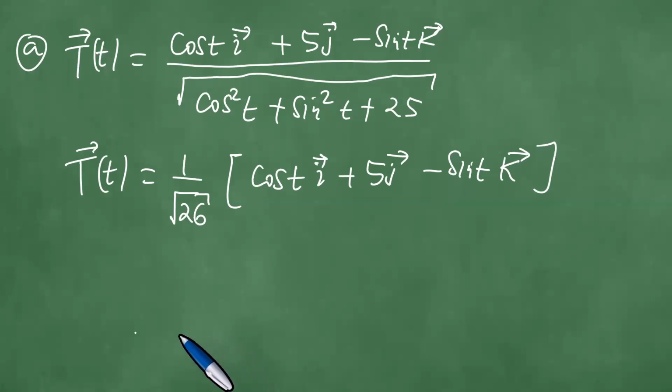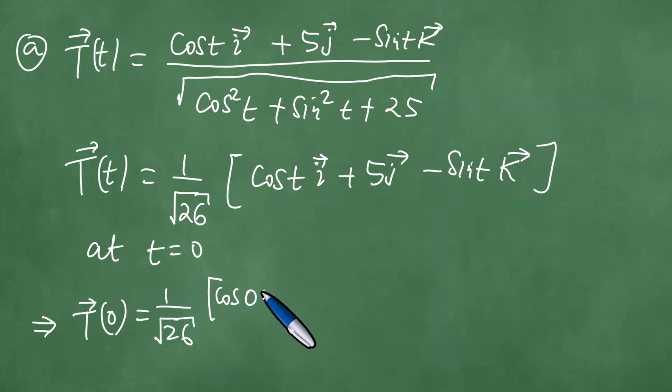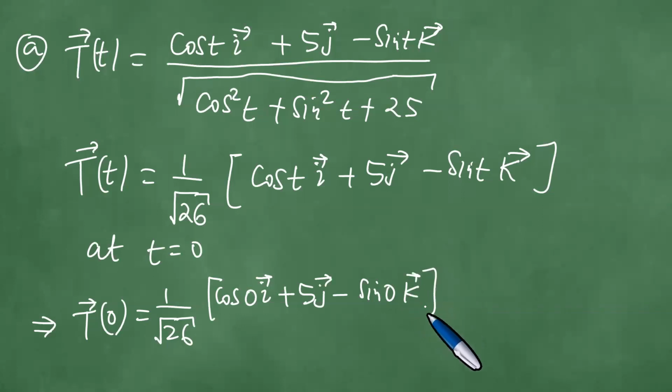Right, so we evaluate these at t equals 0. This implies that we have T of 0, which is 1 over the square root of 26 times the cosine of 0 i, 5j, the sine of 0 k.